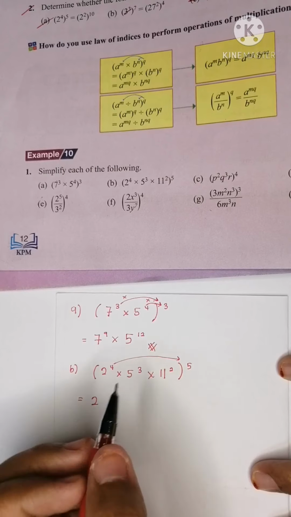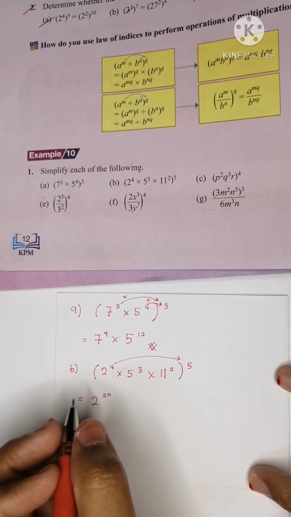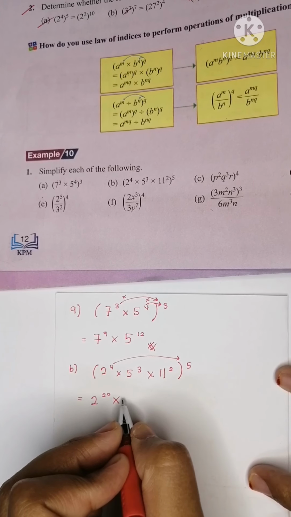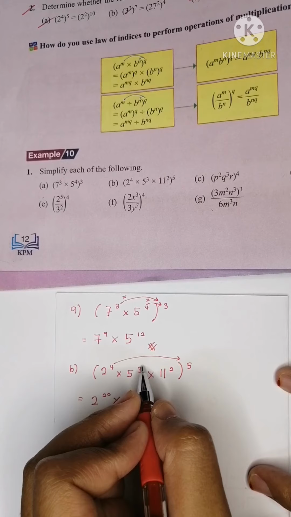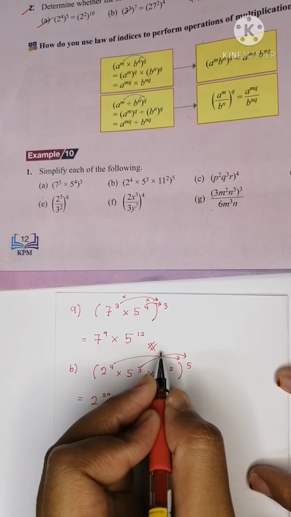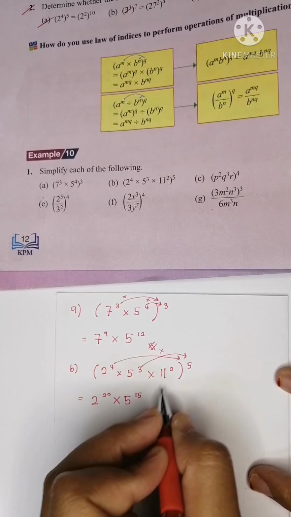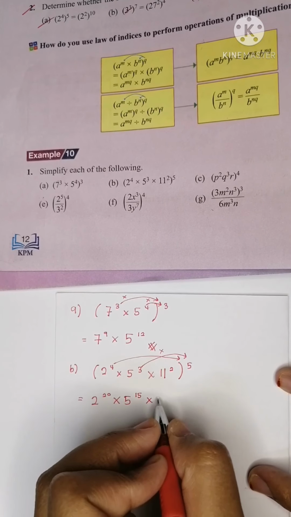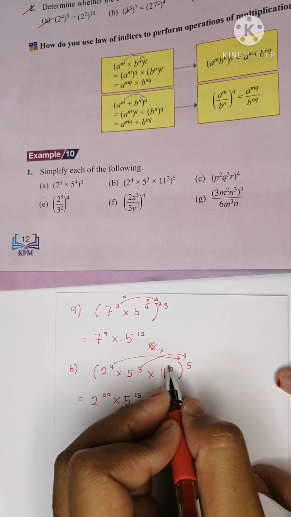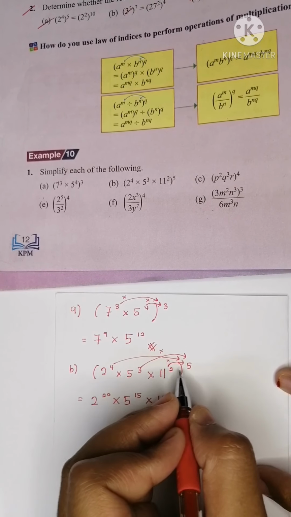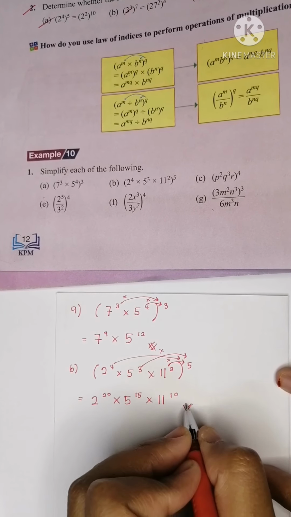So 4 times 5, 20. Times 5, which is the base, and the power for the base 5, you need to multiply with 5 also. 5 times 3, 15. And then times 11, and the power for the base 11, you need to multiply with 5 also. So 2 times 5, 10. So that's it. This is the answer.